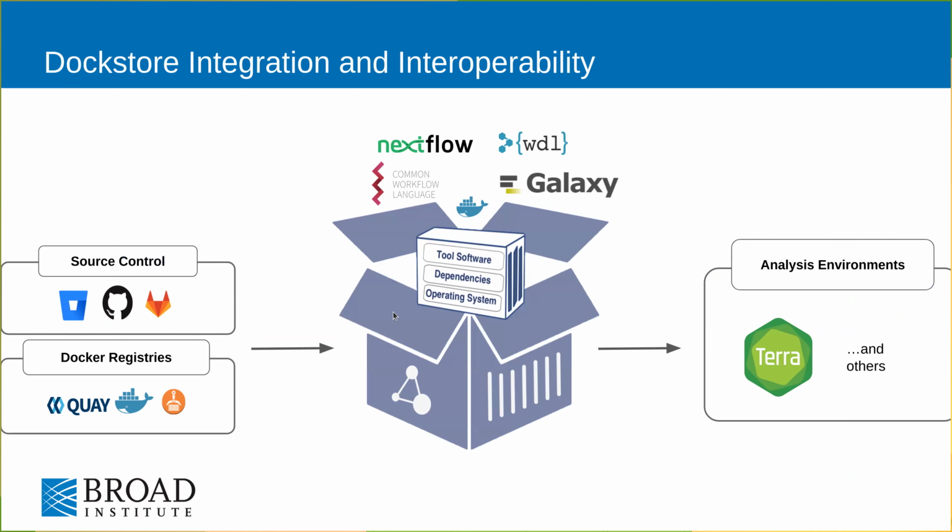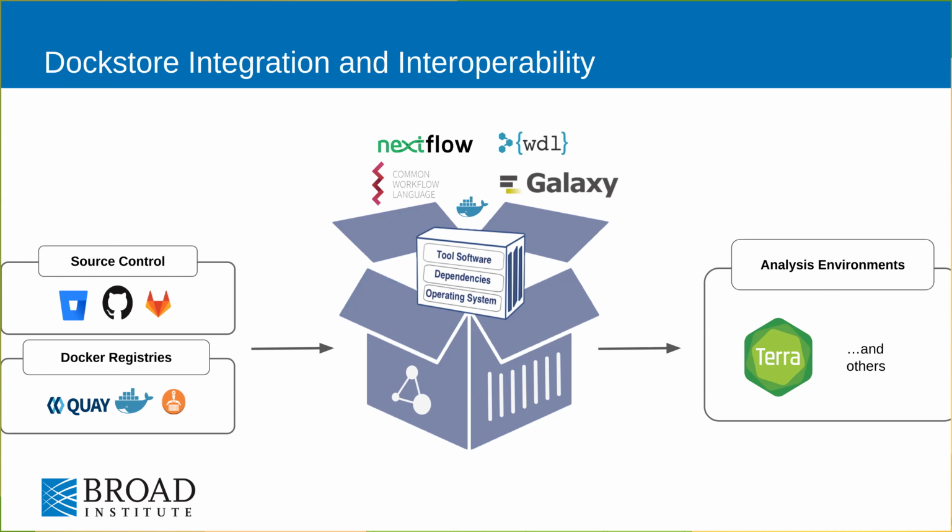With Dockstore, not only do we support those 4 workflow languages, but you can bring a workflow from different types of source control. Currently, we have support for GitLab, GitHub, and Bitbucket.